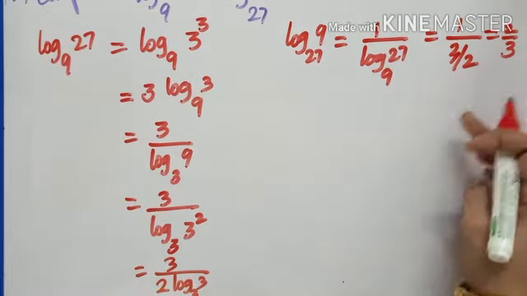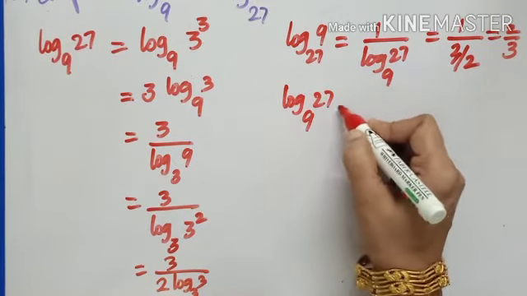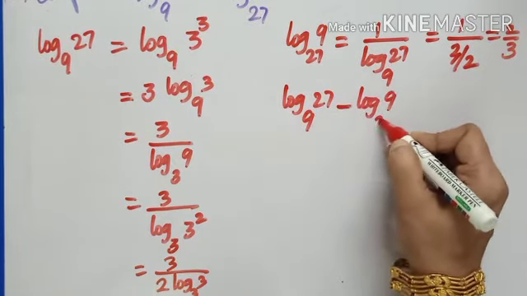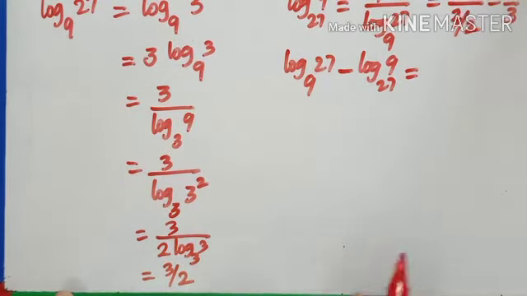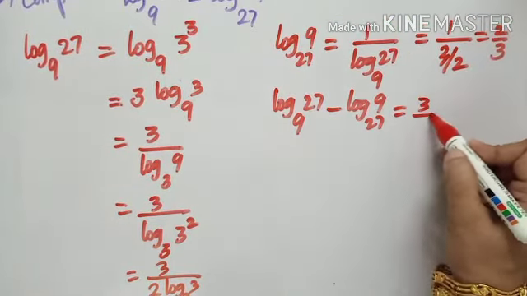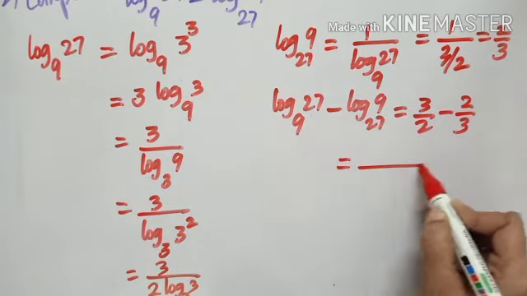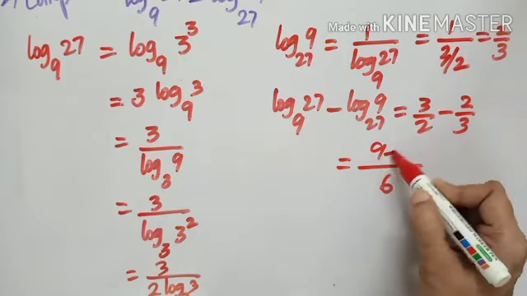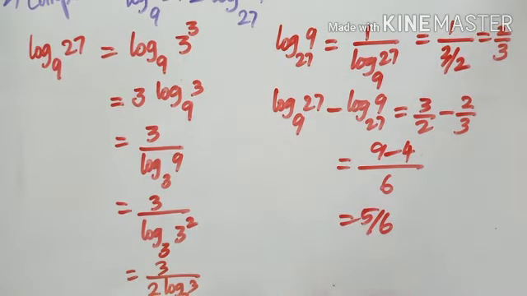Once I know both the answers, substitute here. Log 27 base 9 minus log 9 base 27 is 3 by 2 minus 2 by 3. Taking LCM, cross multiply, it is 5 by 6, and that is the answer.